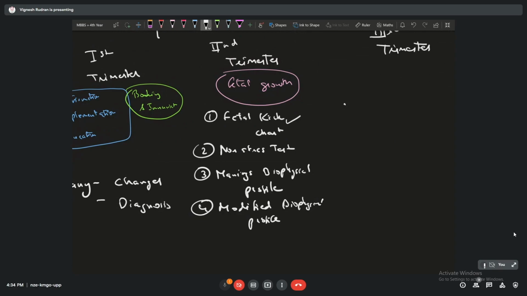Okay. Then your non-stress test is going to be on your fetal heart rate. When the fetus is moving, or you give mild stimulation to the fetus, what will happen is there will be an increase in the heart rate. So that is normal. The abnormal things are if it is flat or there are decelerations. Then it's abnormal, and you need to look at the various reasons for that.